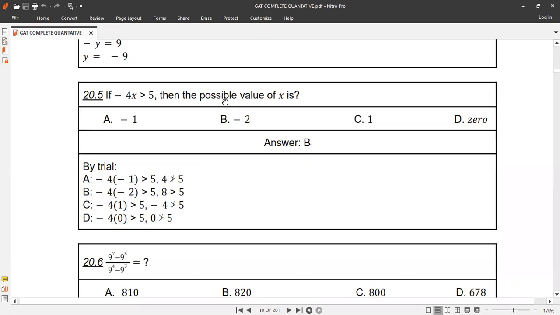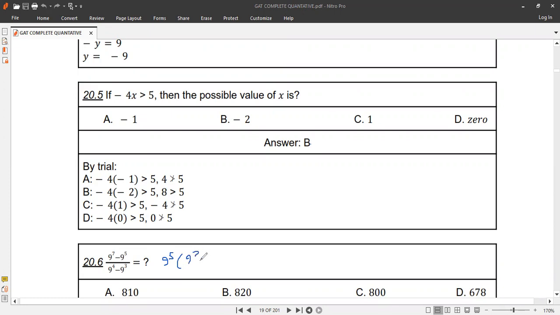Another question which deals with exponents. 9 power 7 minus 9 power 5. In this case, directly, guys, because it is subtraction, we cannot simplify. Get a common factor, which is the least one. 9 power 5, we can take it as a common factor. And up here we will have 9 power 7 minus 9 power 5 is 9 power 2.